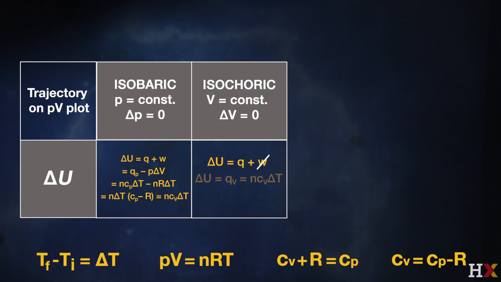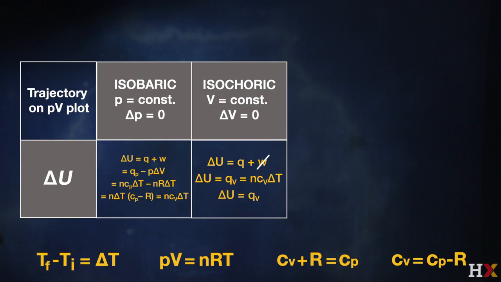That means that delta U is equal to Q at constant volume, but Q at constant volume is equal to n C sub V delta T. We just worked that out on the trajectories. And so that gives us immediately a calculation of what delta U is for the isochoric trajectory.